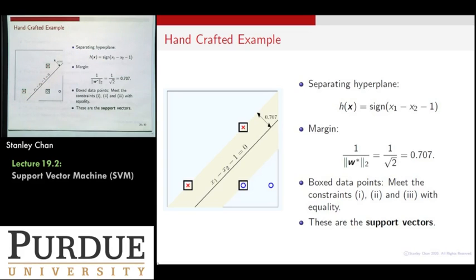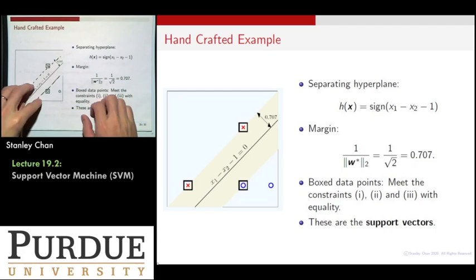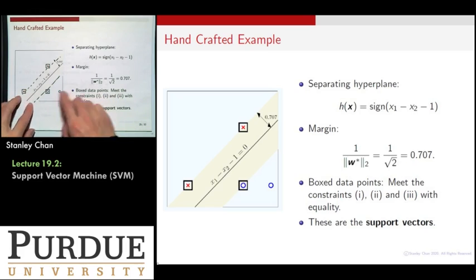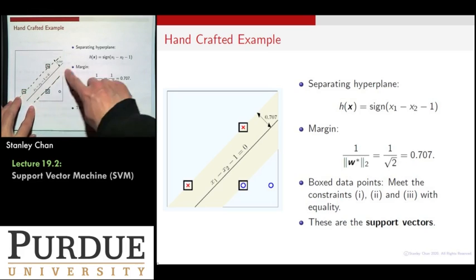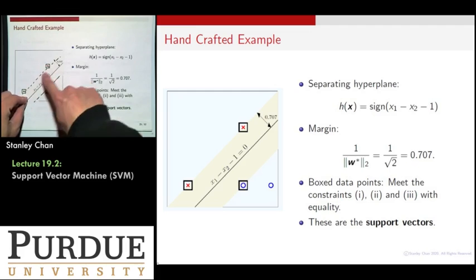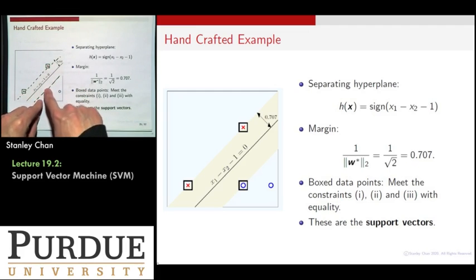Now, realize one thing: there is a band that is not very visible on this printout. This band comes with the separating hyperplane. On this band, you can see that you have 2 crosses living exactly on it, and 1 circle living there. That explains the name support vector machine. Why?